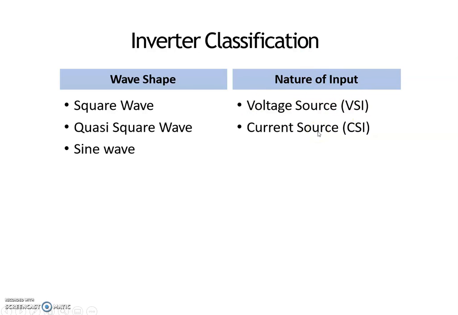The voltage source inverter has a DC voltage source at its input terminal, with small or negligible internal impedance. The current source inverter has a DC current source at its input terminal and has high internal impedance.